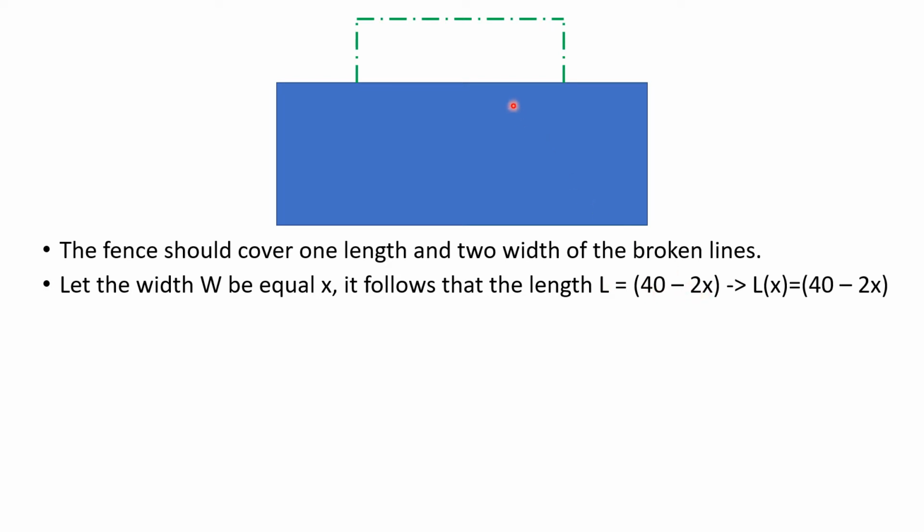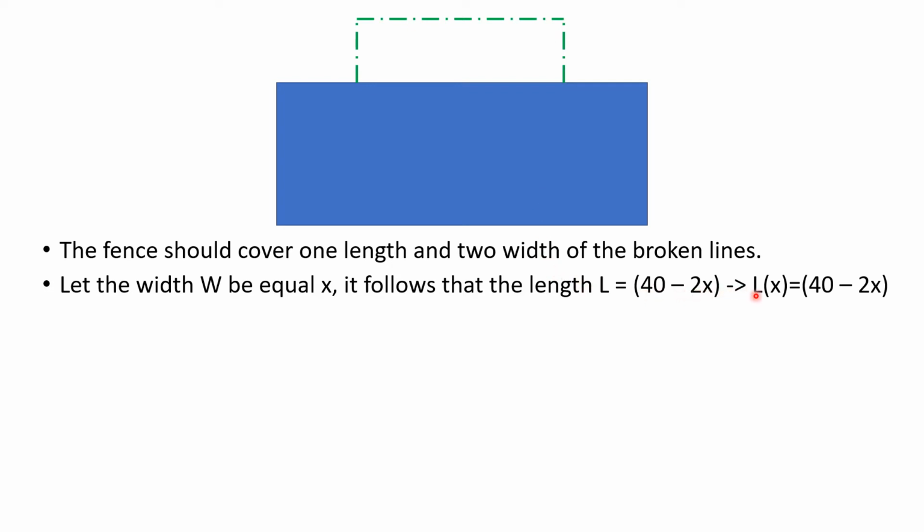The reason being, the total of the fence should be 40. And since this is X and this is X, then 40 minus 2X will give us the length. So L is equal to 40 minus 2X.